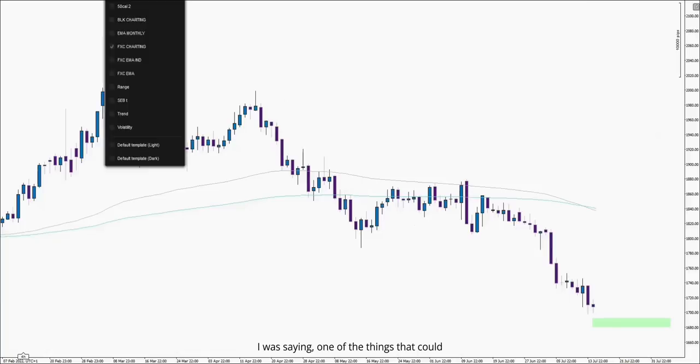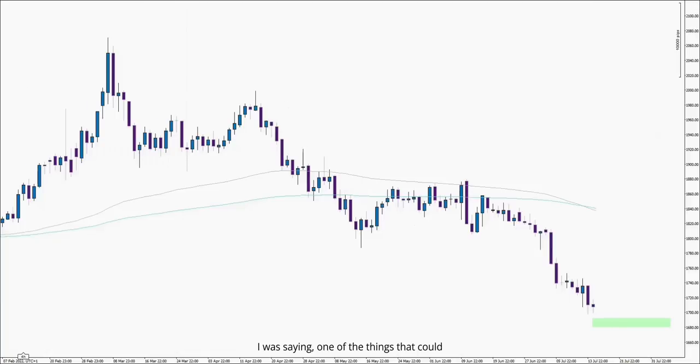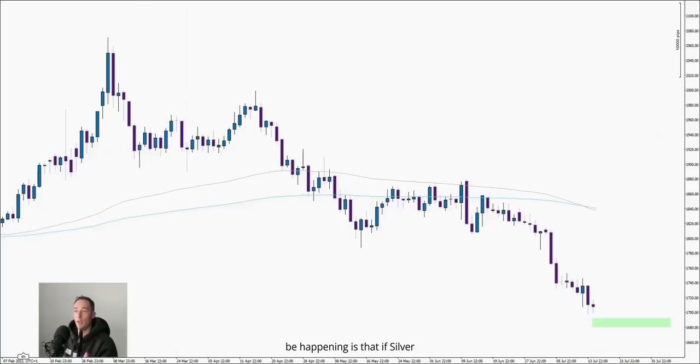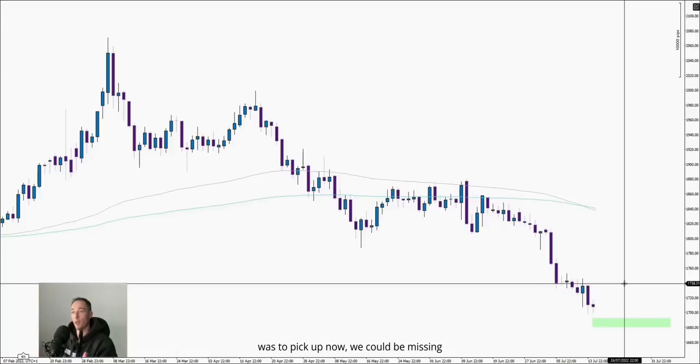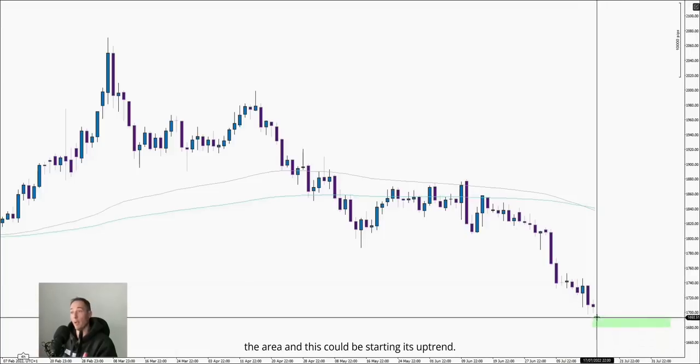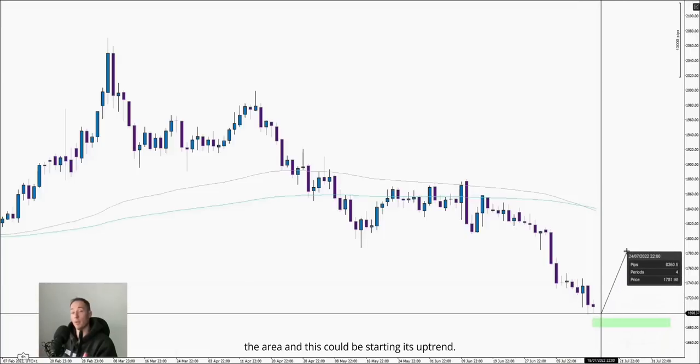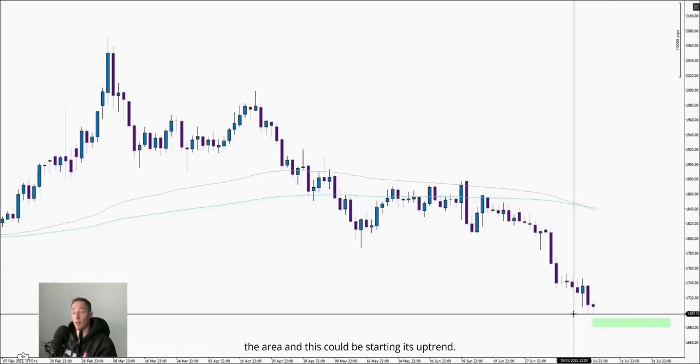I was saying one of the things that could be happening is that if silver was to pick up now, we could be missing the area, and this could be starting its uptrend. One of the things with silver, because it moves ahead, is we have to be careful with not missing the potential trade.